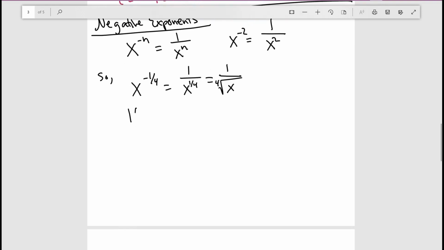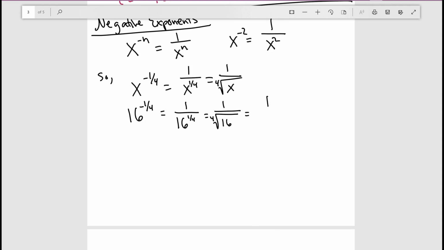What do you think 16 to the power of negative 1/4 is going to be? Well, in order to change it from a negative, you have to put it to the bottom. So it's going to be 1 over 16 to the 1/4. I can rewrite this as 1 over the 4th root of 16.